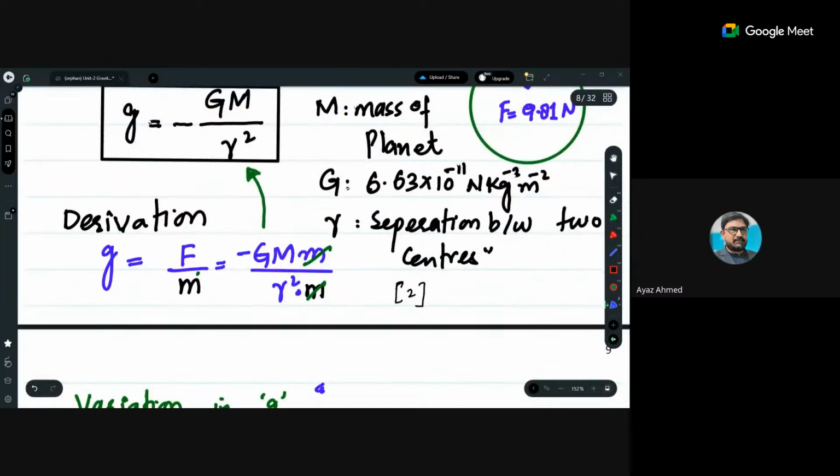Okay, so right from here we will just consider what the value of F is. F is GMm divided by r square. This m is placed here as it is, so it would be cut.